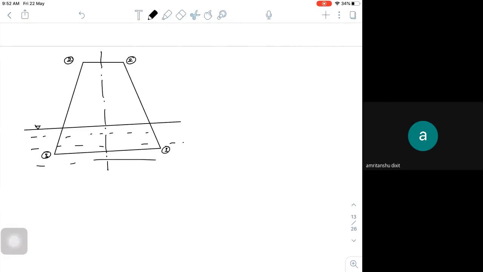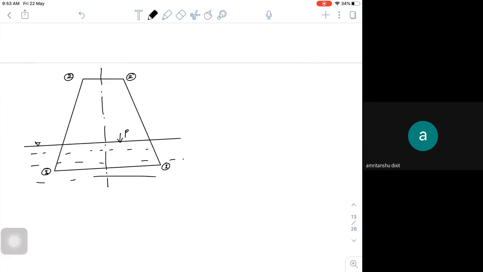Now, what is the pressure acting on this surface? It is atmosphere. And what is the pressure here? This is the pressure, we call it P. And if I have some reference, this is my reference point.